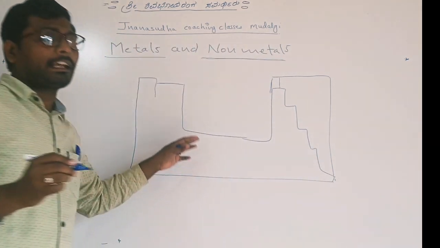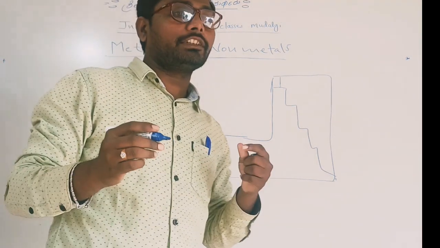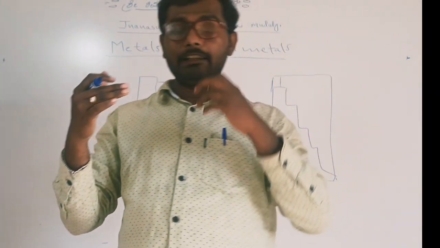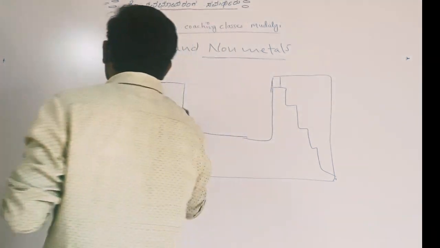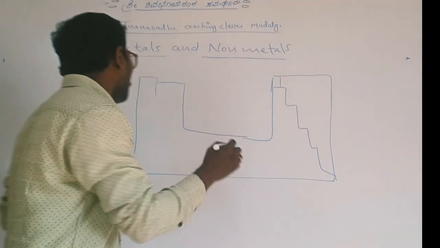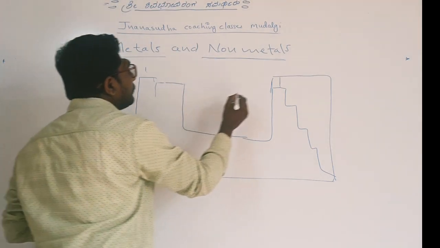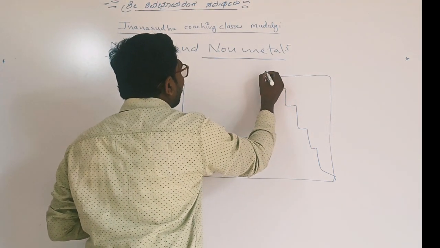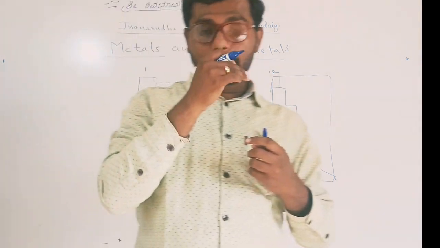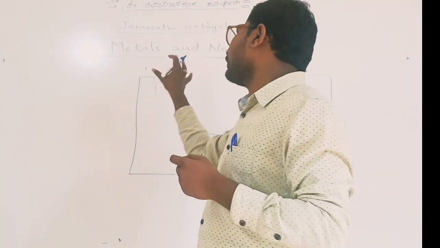This is a rough diagram of the periodic table. You observed it at the back of your textbook in part 1 of SSLC. There are 18 groups in total. From group 1 to 12, as you observe in the back of your textbook, it is shown in yellow color.